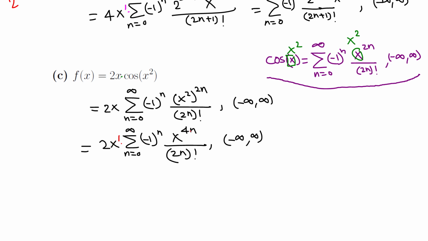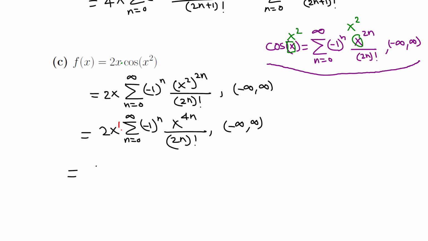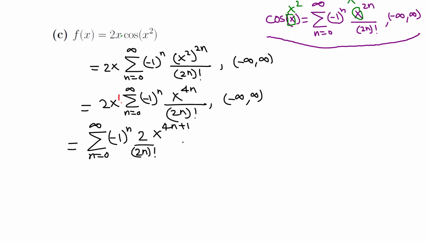We can take this inside and combine with 4n; that would be 4n plus 1, and we can take this 2 inside as well. So this Maclaurin series is (negative 1)^n times 2 times x^(4n+1) all over (2n) factorial. We can't simplify further, just leave it like this. And the interval of convergence is still all real numbers, final.